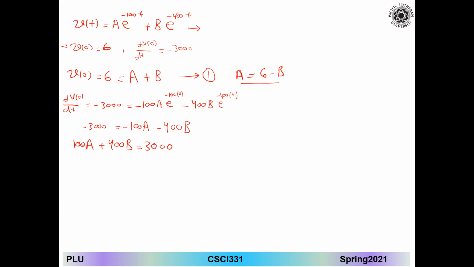I can cancel 2 zeros from here, so a plus 4b, just to make it easy, 4b equals 30. And this is my second equation. Now I can find my a and b.